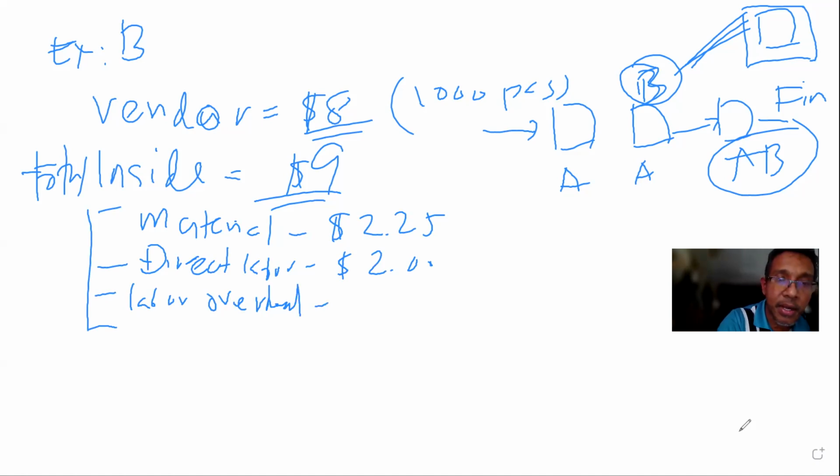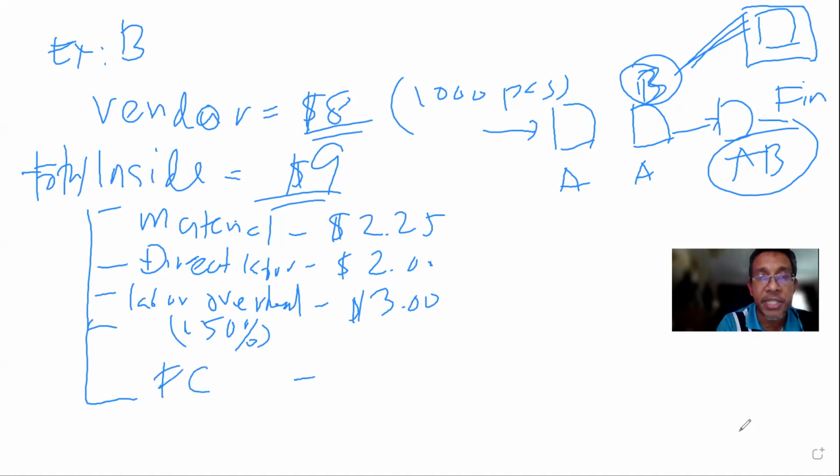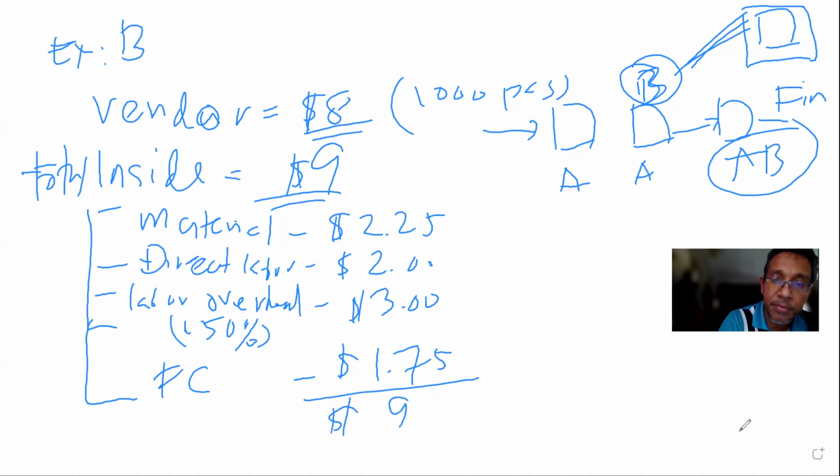Overhead, 150%, for example, costs you $3. And lastly, you have fixed cost, FC. Fixed cost is the machine you have inside your plant that can produce this particular part, and you already have it, because you can make inside at this cost of $9. So the machine cost is this one. So the total is $9, 9 ringgit.